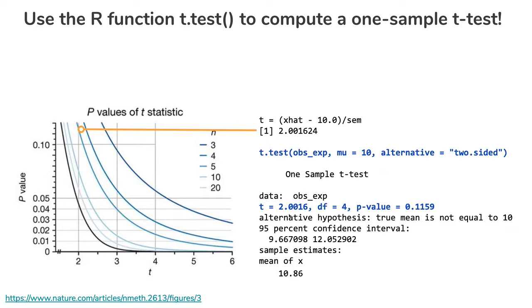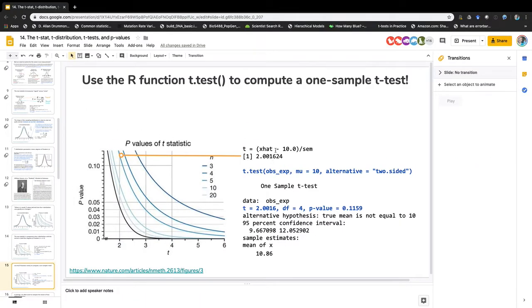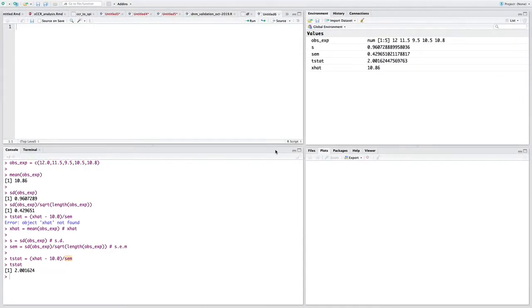And guess what? It computes the exact same t-statistic as we did manually. It tells us that the degrees of freedom is 4. Our sample size was 5. And it gives us a p-value that is pretty close to what I just said because I knew the answer, but we can look it up too, right? So let's just back out and go into R and just compute this, just to make sure we all get the same result.